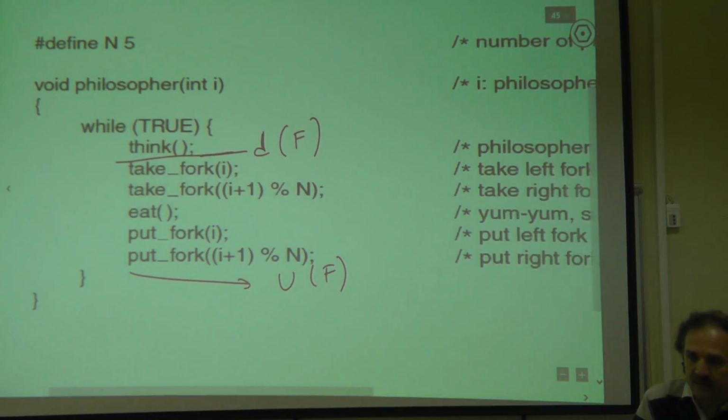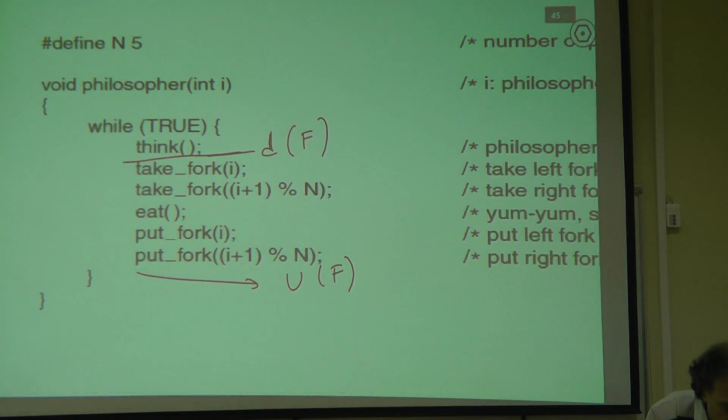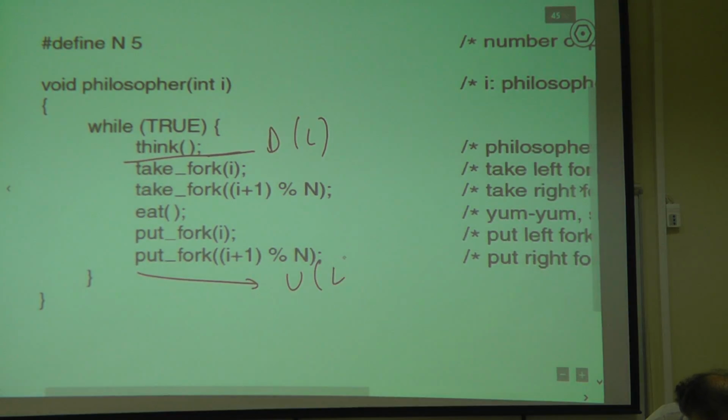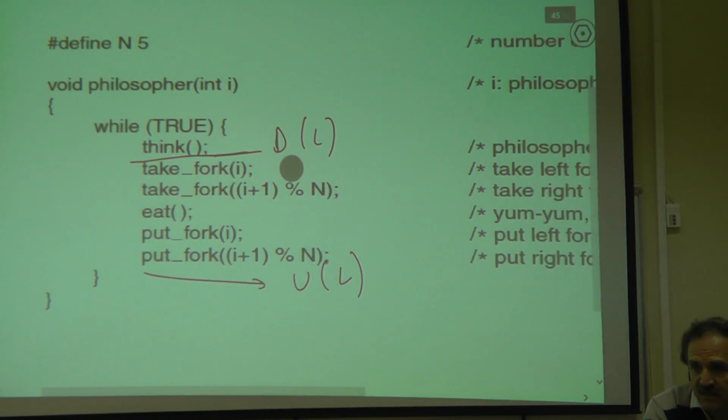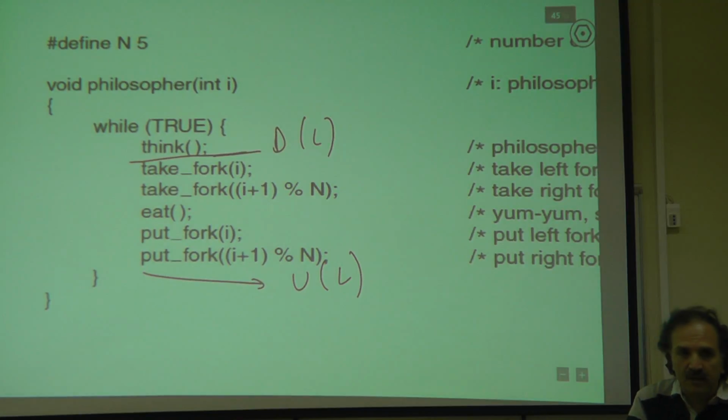When they are done thinking, one of the philosophers will get the semaphore. It will down the fork. There is only one. Maybe it should not be the fork. Maybe it should be lock. Okay, down lock, up lock. So it gets the semaphore here, and when it is done eating, it ups the semaphore. Would this solve the problem?